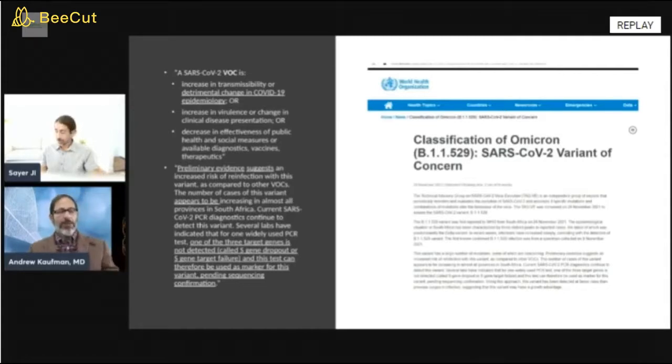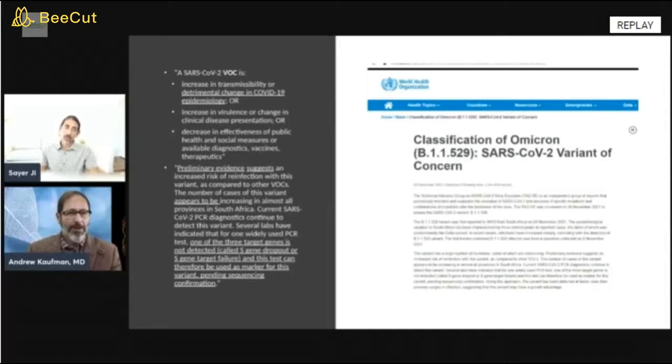Okay, so what they're saying is normally in the PCR protocol, there are 3 primers, and if you have a positive for all 3, then you have a positive test. So what they're saying is the Omicron is only positive for 2 out of those 3. So in other words, if previously you had a negative PCR test, now they can call it a positive PCR test for Omicron.